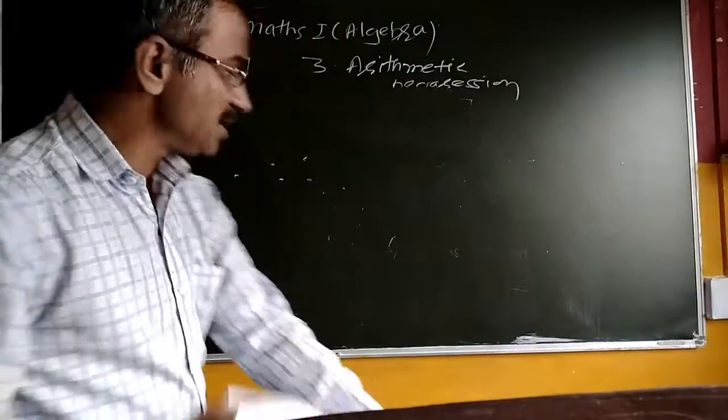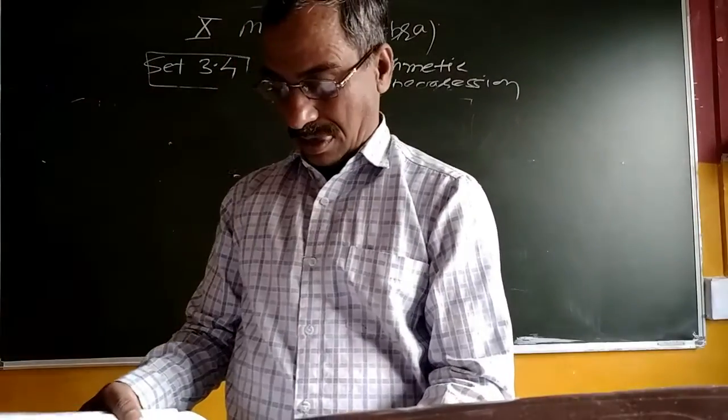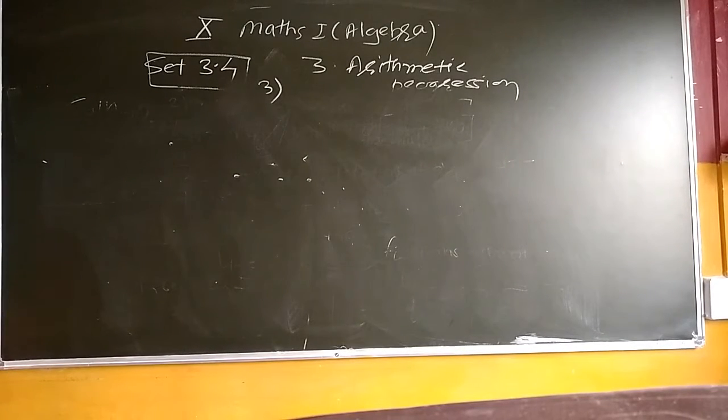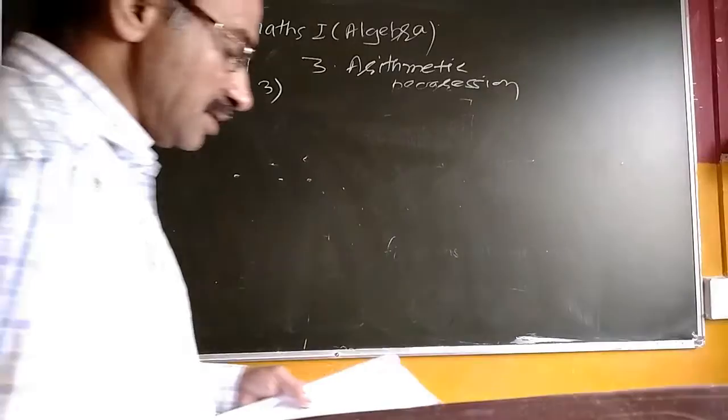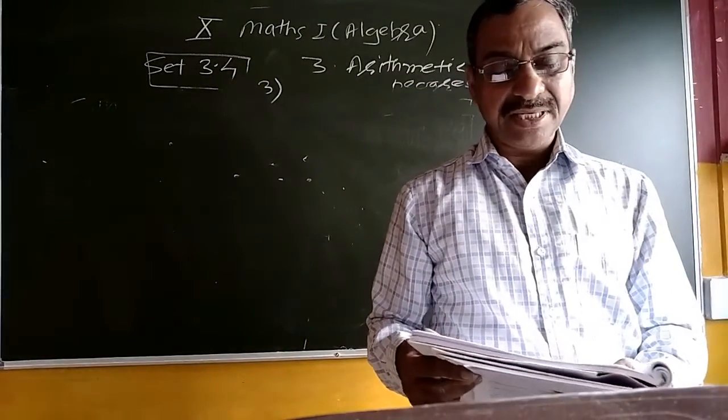Example number 3. Now read this example. Sachin invested rupees 5,000 for the first year, then 7,000 for the second year, 9,000 for the third year in a national savings certificate scheme.